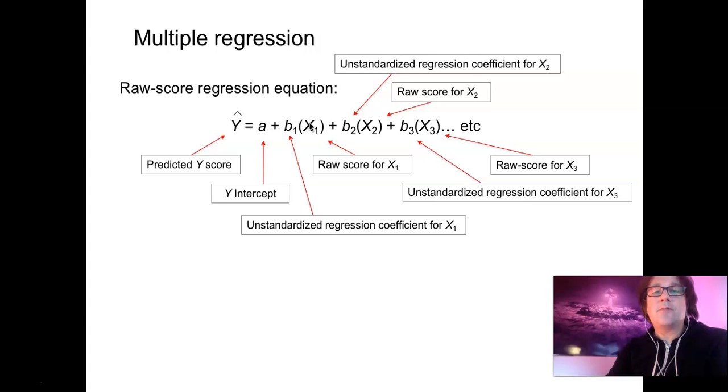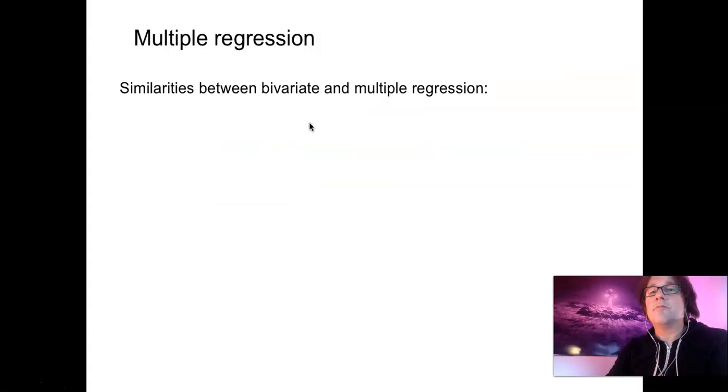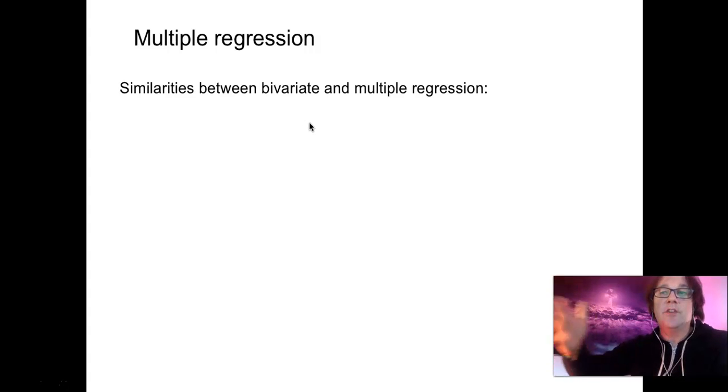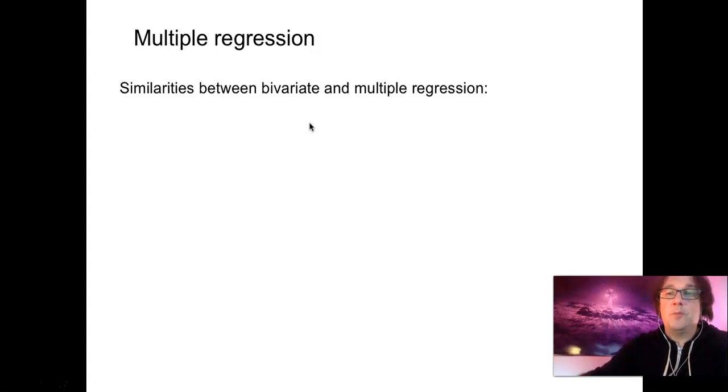Okay, so multiple regression takes on the same format as what we've been doing in terms of just using one predictor. In this case, we're using multiple predictors. Each one is going to have its own standardized regression coefficient if we're using z-scores, or its unstandardized regression coefficient or slope if we're using raw scores.